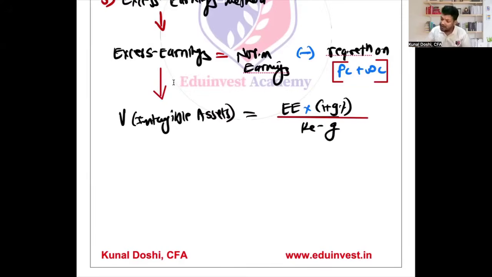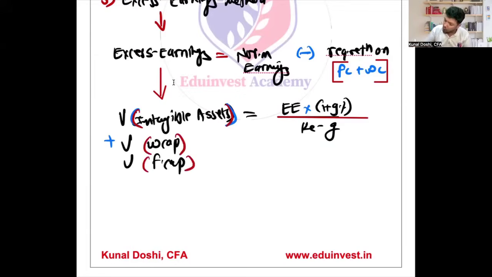Now, this value of intangible that we get, if I combine this with the value of working capital and fixed capital, or capex required, these three things put together will give me the total value of the company.